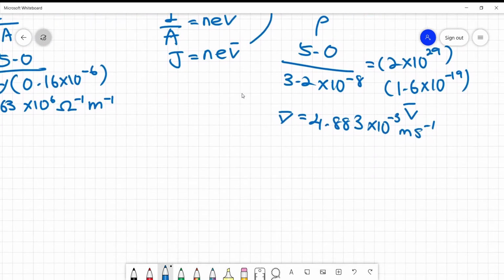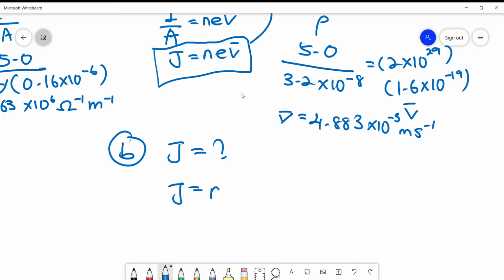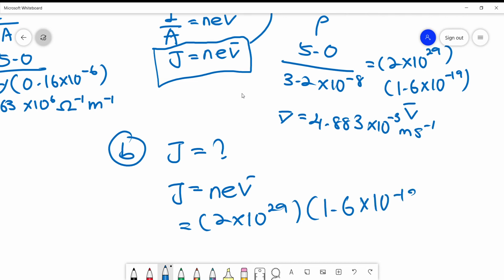And what about part B? Part B is asking for the current density. For the current density, we can directly use this formula. J equals nev, where the electron density is 2 times 10 to the power 29, e is 1.6 times 10 to the power negative 19, and the drift velocity that we got from the previous part is 4.883 times 10 to the power negative 3.